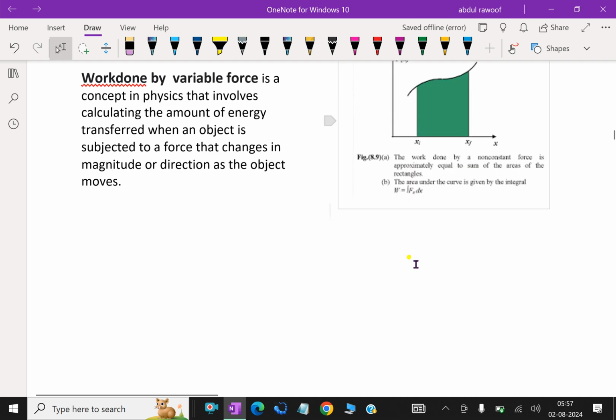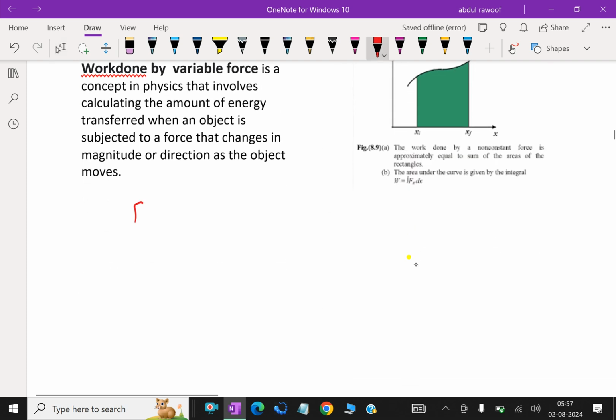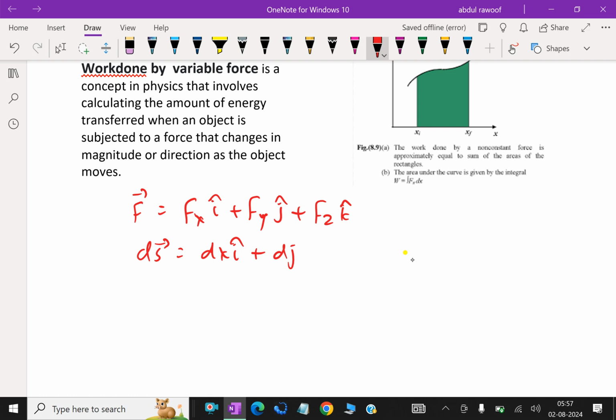Here, suppose force vector equal Fx i cap, Fy j cap, Fz k cap, and ds vector is dx i, dy j, dz k cap.